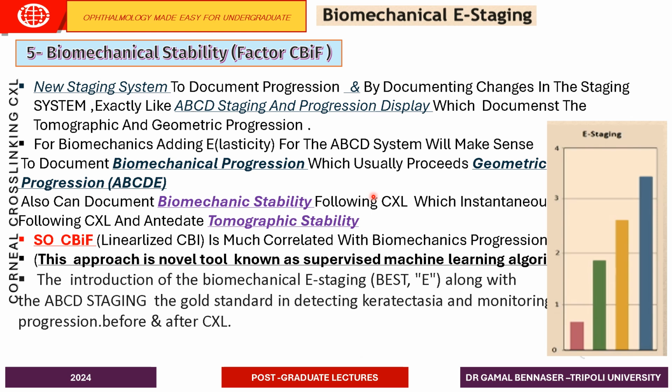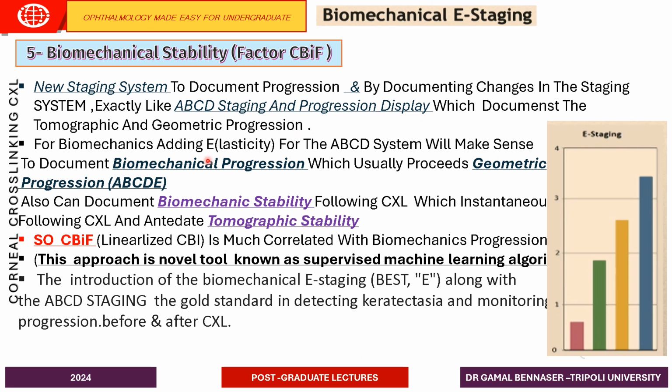So now the establishment and introduction of the new biomechanical E staging, also named the E staging, along with the ABCD staging system, both of them will be the gold standard for early detection of keratoconus, as well as determining the biomechanical stability, as well as the tomographic stability of the cornea after the cross-linking procedure.